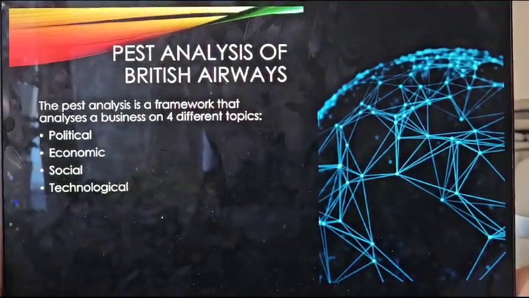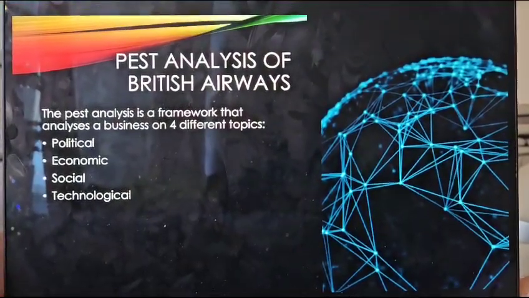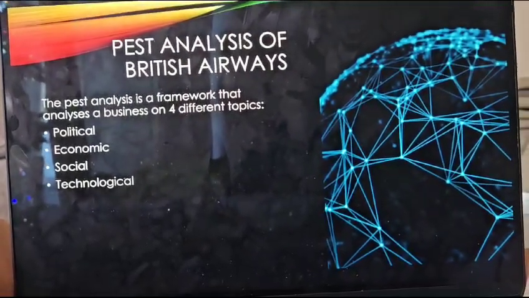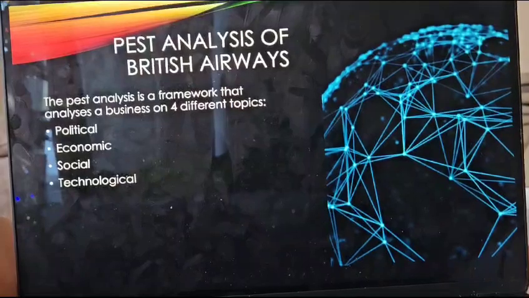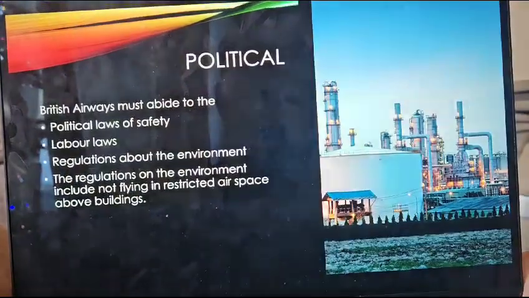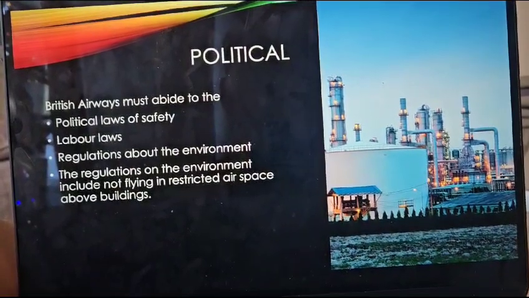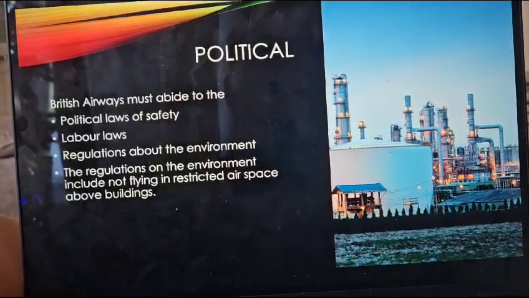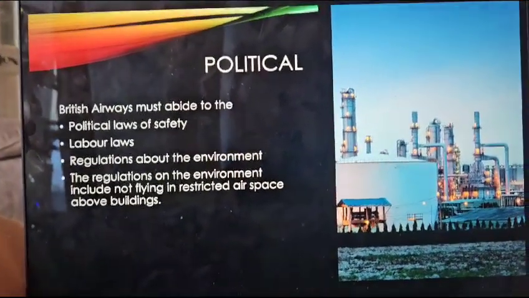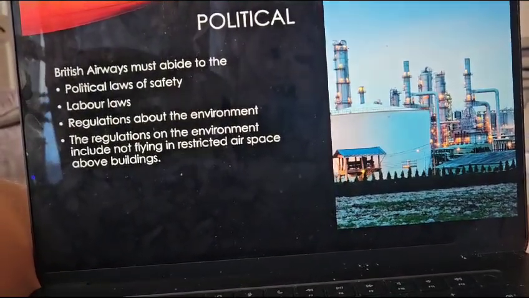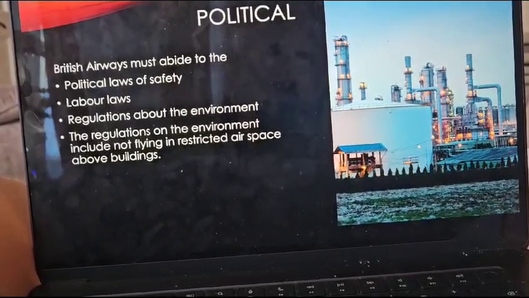PEST analysis of British Airways. The PEST analysis is a framework that analyzes a business on 4 different topics: political, economic, social, technological. The political topic of British Airways discusses what British Airways needs to abide by. So British Airways needs to abide by the laws of safety, the labour laws, and the regulations about the environment.